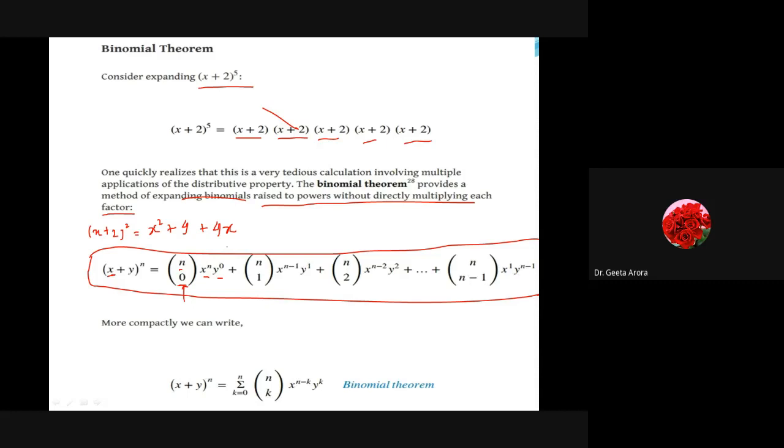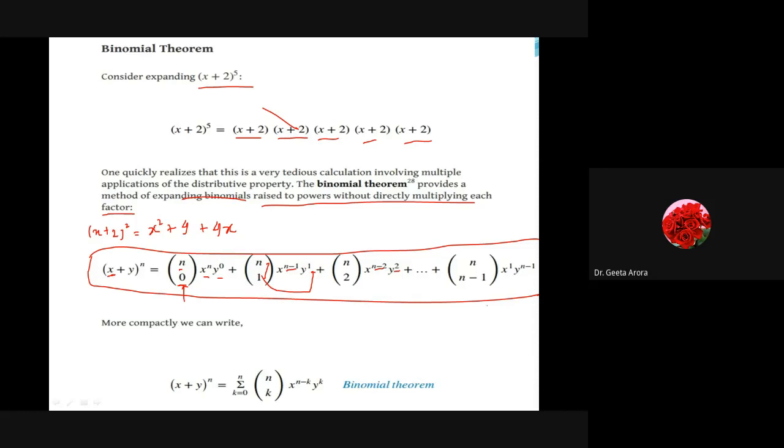Correct? So here we have nC0 x^n y^0, nC1 x^(n minus 1) y^1. So here the next term's power of x is the difference of n and 1, n minus 1, and y^1 as such. Then it is nC2, the difference of 2 is n minus 2, and y raised to power 2. And up to the last, where we have nC(n minus 1), x raised to power 1 and y^(n minus 1).